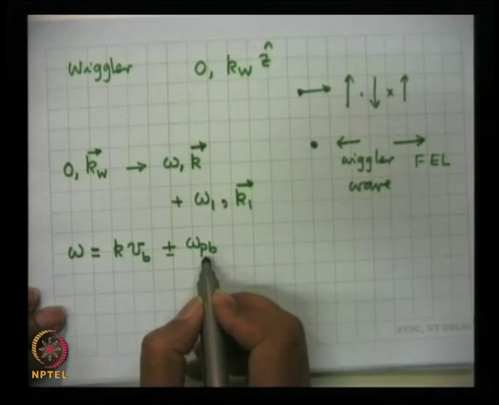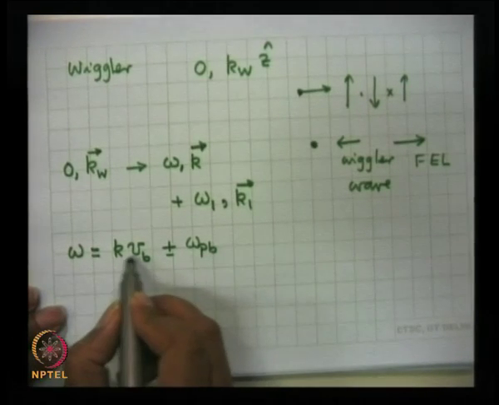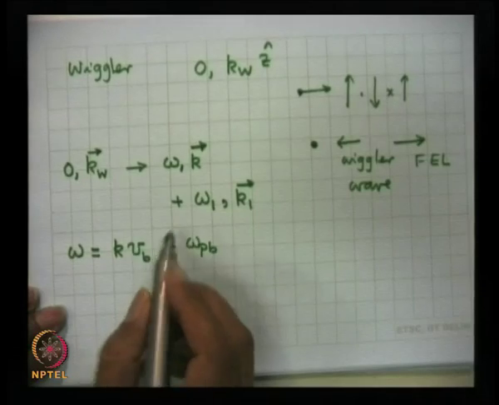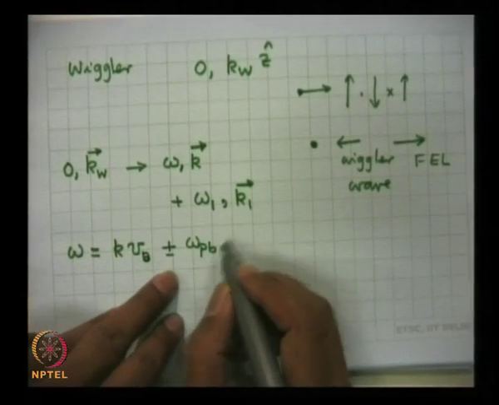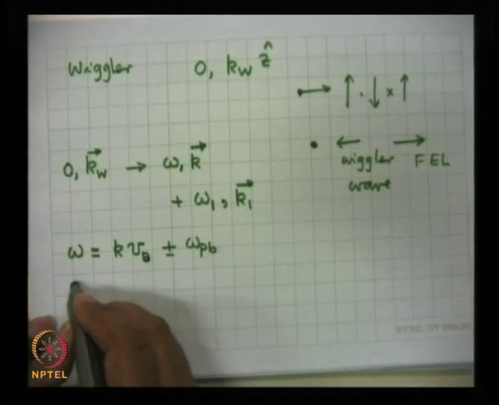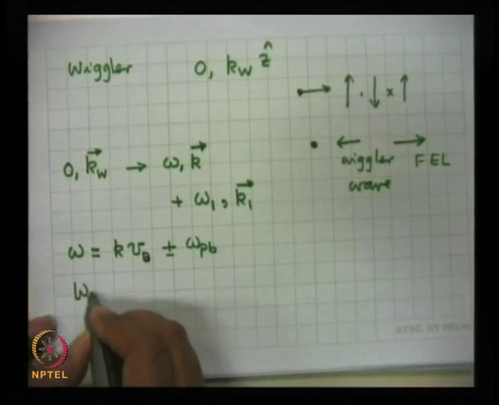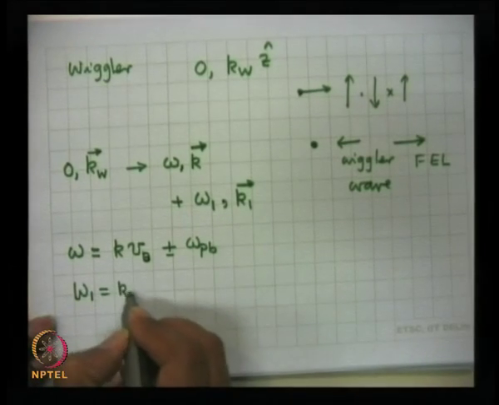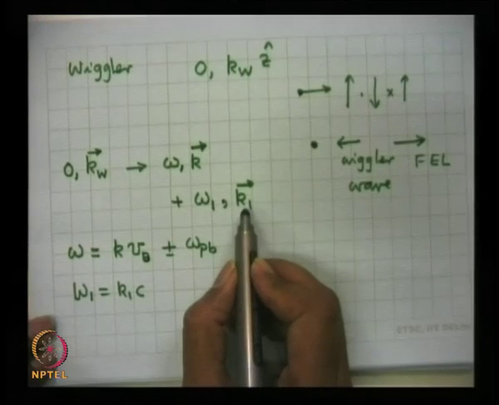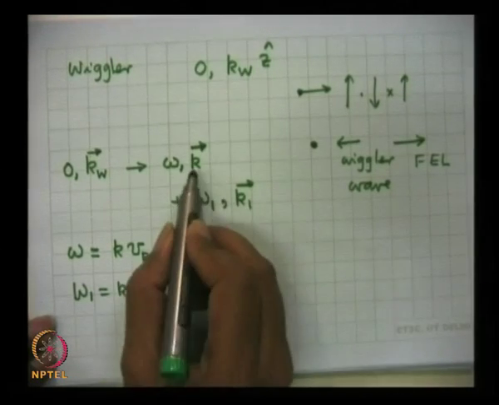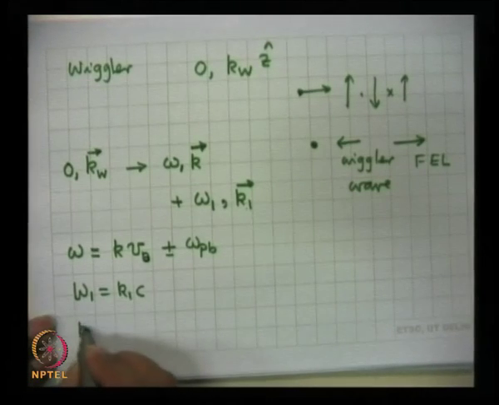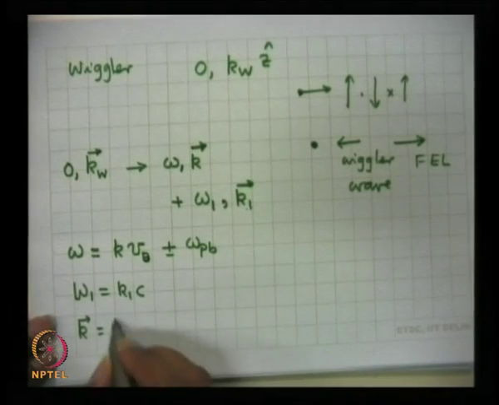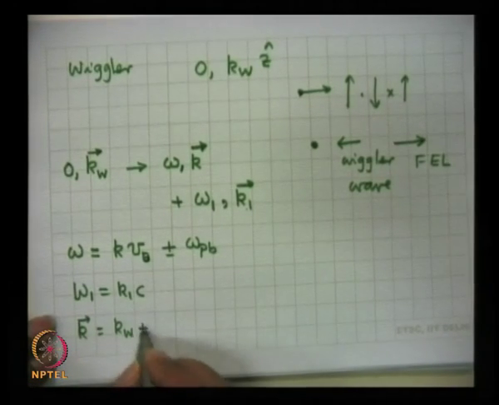This is the beam plasma frequency, this is the beam velocity, which actually is V0, I should call it V0. And this radiation mode has omega 1 equal to k1 c. The connection is that this k is the difference of this and this. So, basically you have k is equal to kw plus k1.